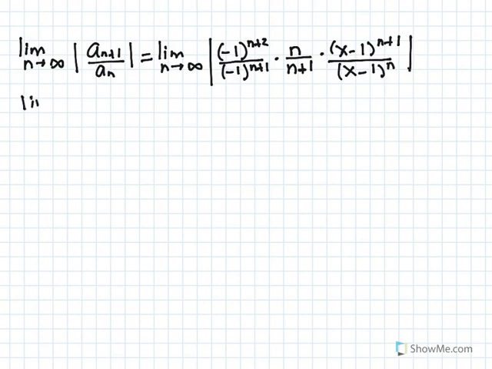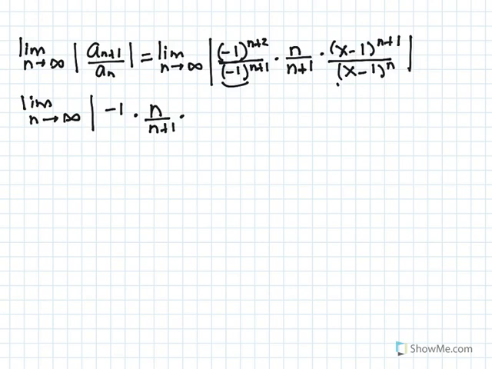So we get limit n approaches infinity, absolute value of negative 1, because we have the same base, subtract off the exponents, we get n plus 2 minus n plus 1, that gives us 1. Negative 1 to the power of 1 is equal to 1, times n divided by n plus 1.